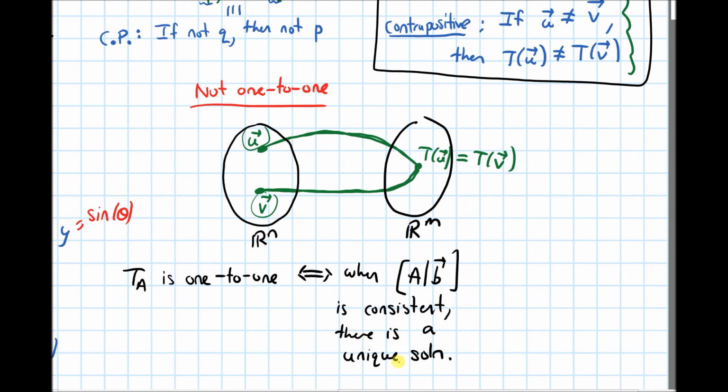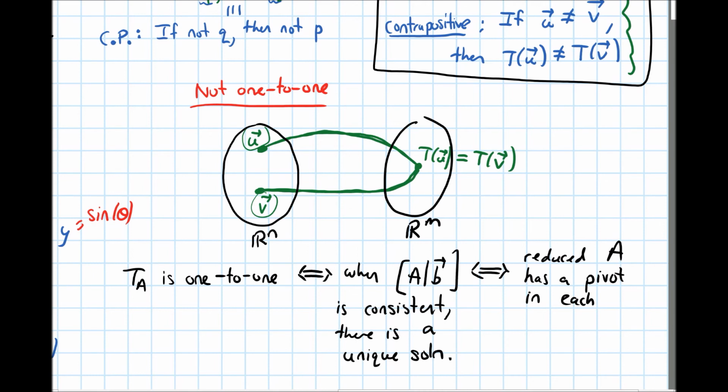Okay, and when does that happen? This we have a better feel for. There is a unique solution. What does that mean? That means the reduced matrix A has a pivot in each column. Actually, let me go ahead and write this in green so it shows up a little better.